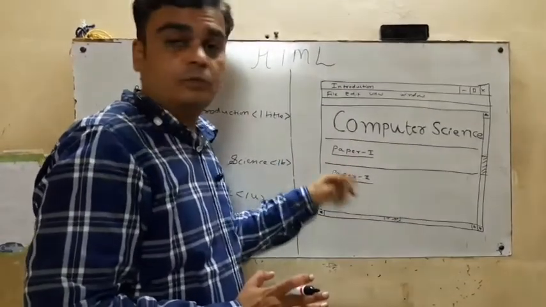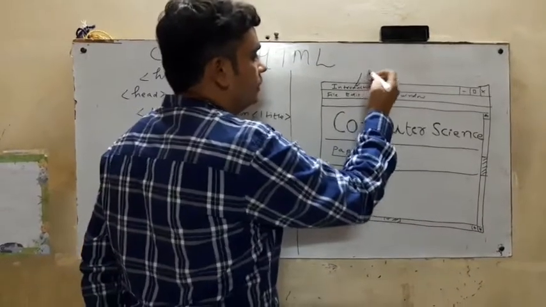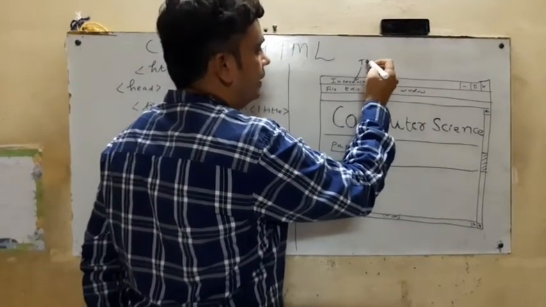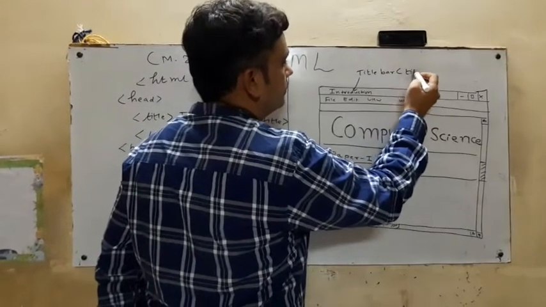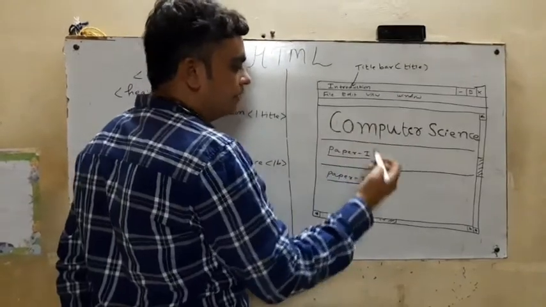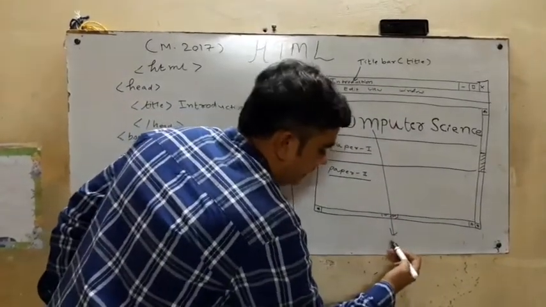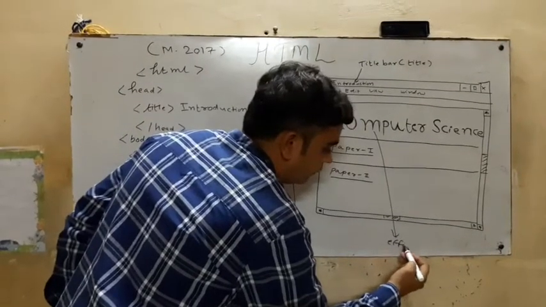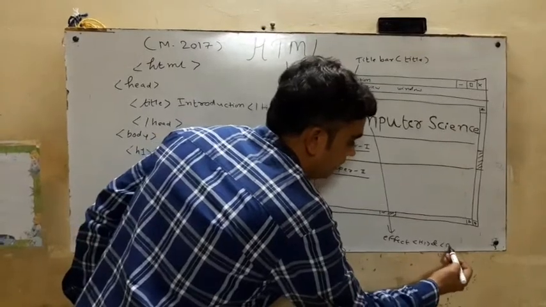So what is my next job? I have to label this. First of all, this introduction: here I am going to mention, by giving an arrow, title bar, title. Thereafter this computer science: here I am going to display one arrow, and write down effect of H1 and B tag.